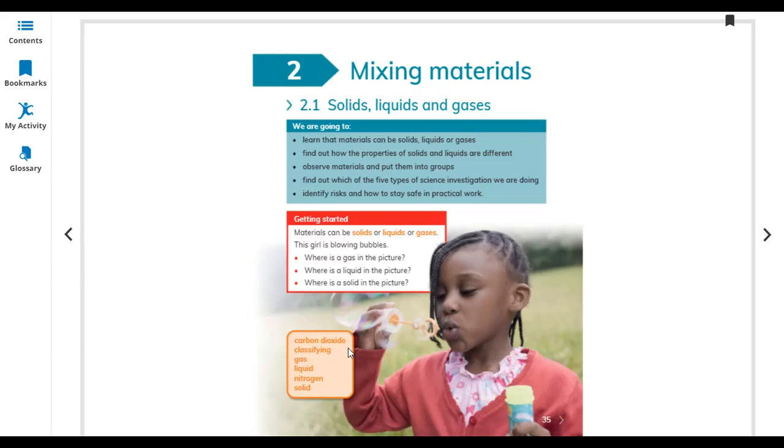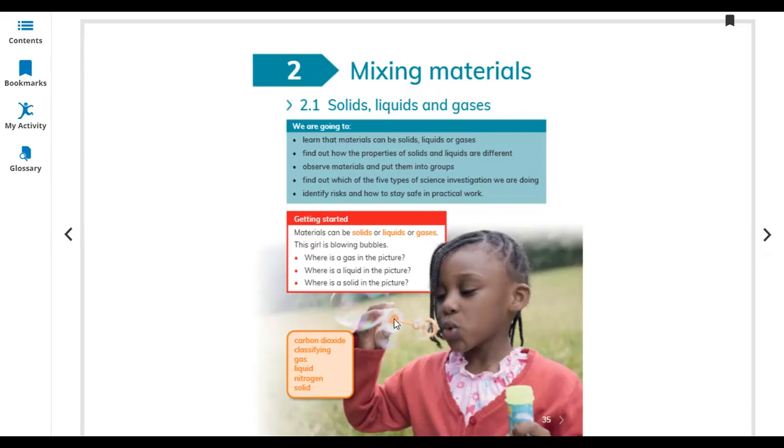Vocabulary words: carbon dioxide, classifying, gas, liquid, nitrogen and solid. Material can be solid, liquid or gas. This girl is blowing bubbles. Where is a gas in this picture?